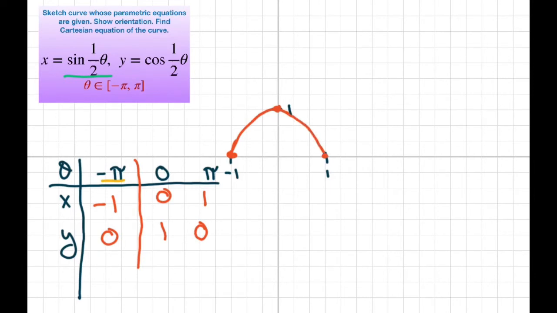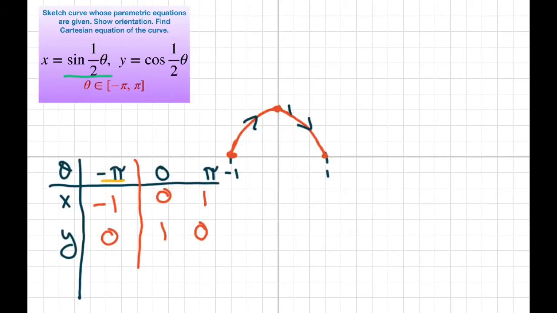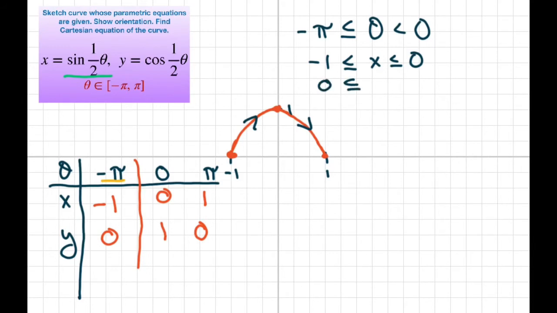Now notice, for when theta is in between negative pi and 0, we have negative 1 is less than or equal to x is less than or equal to 0, and y is 0 is less than or equal to y is less than or equal to 1.